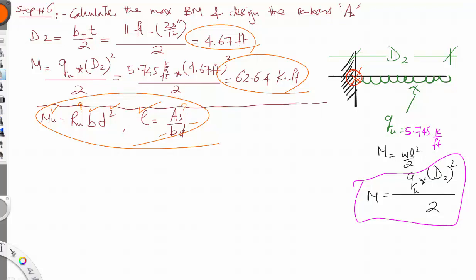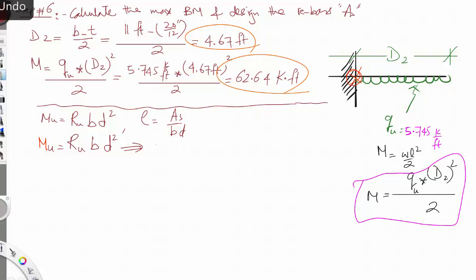That is the task. So let's go back to, clean this first. And here we need to pay attention to the units. So Mu equal to Ru b d squared. Mu we calculated to be this guy here, is equal to 62.64, and put the units, kip foot, is equal to, Ru is unknown, b is always 12 inches.